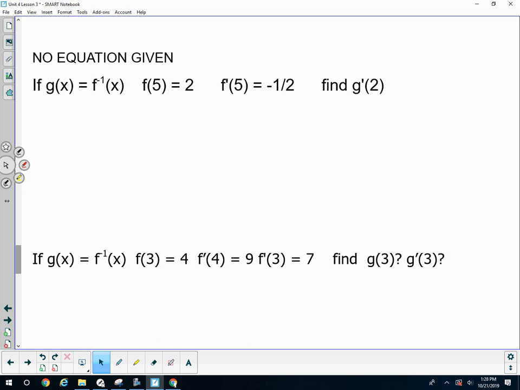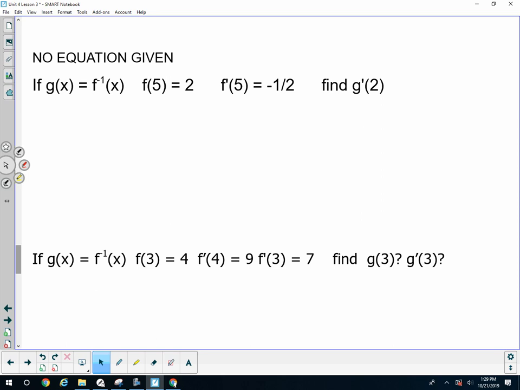g prime of 2. Start with that. Okay, that's where you start. x, y. x, y. f's got the point (5, 2). g's got the point (2, 5).